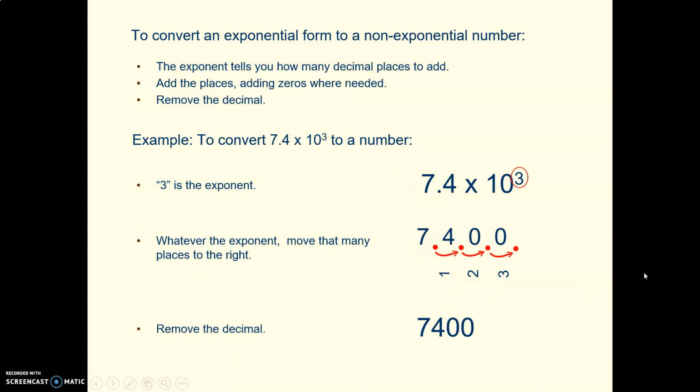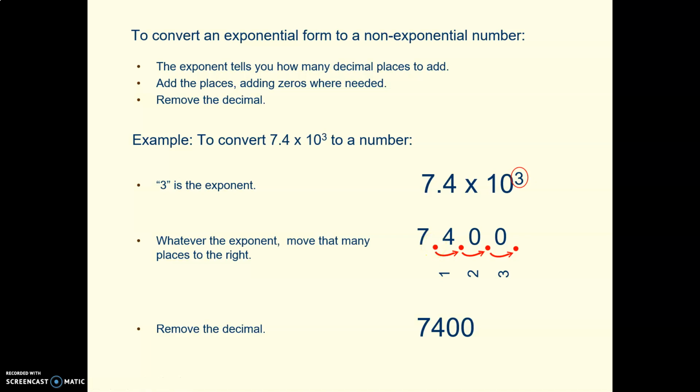What if you have a number that's an exponent, like 7.4 times 10 to the third, and you want to know what is that really expressed as a plain number? Well, we still count decimal places, so we'll start with that decimal point right after the 7, and we'll count.